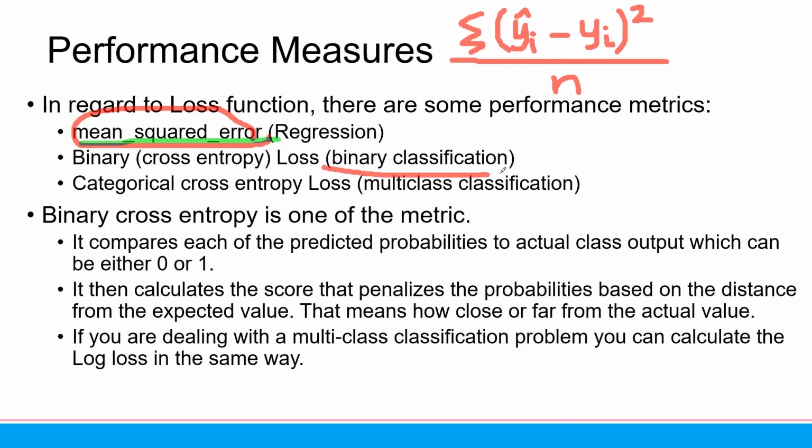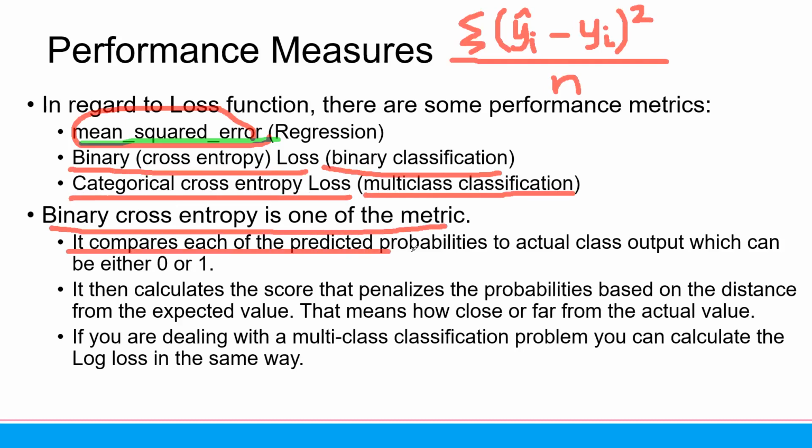If it is binary classification, we can use binary loss or cross entropy loss. And if it is a multi-class classification, we can use categorical cross entropy loss. Binary cross entropy is one of the metrics, and it compares each of the predicted probabilities to the actual class output, which can be either 0 or 1.